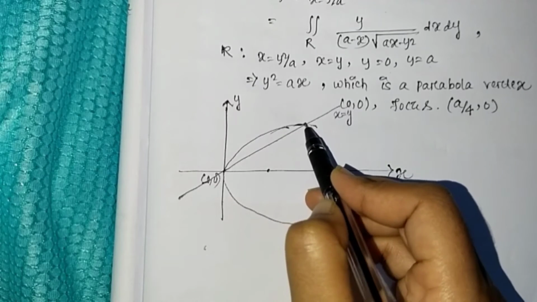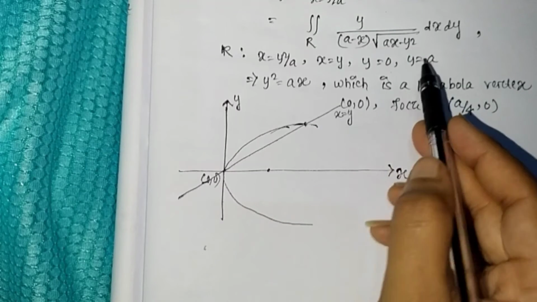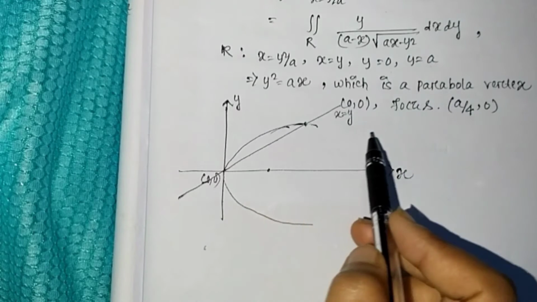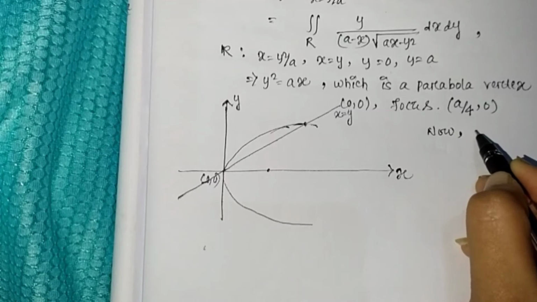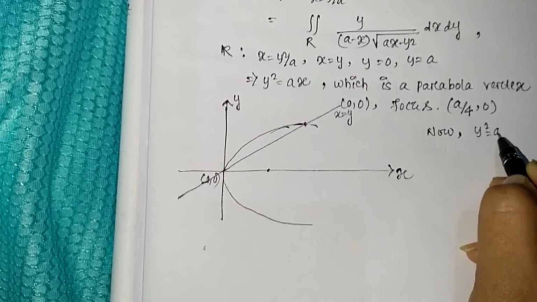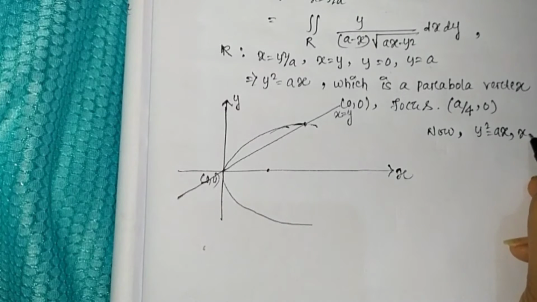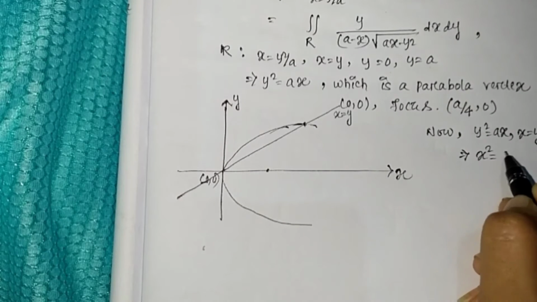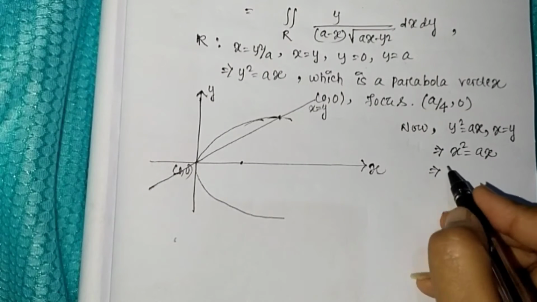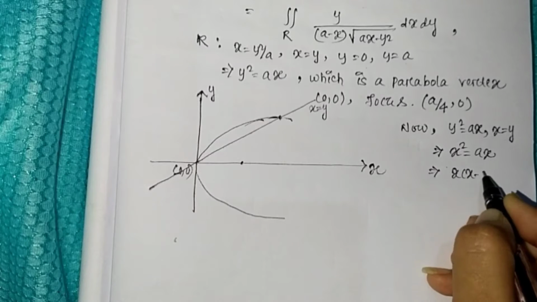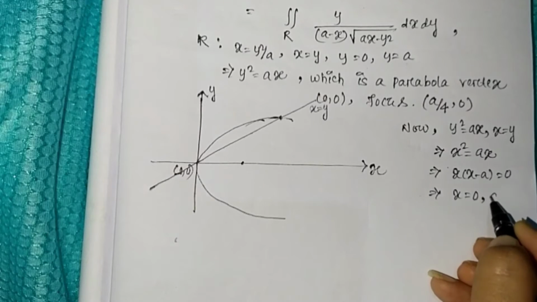Then we find the intersection point. Our parabola is y² equal to ax, and the straight line is x equal to y, so x² equal to ax, that implies x(x − a) equal to 0. So x equals 0 and a.